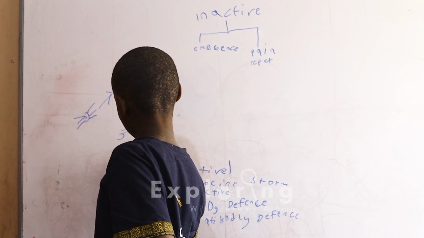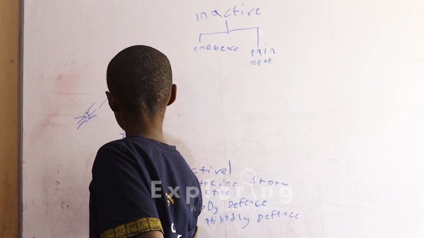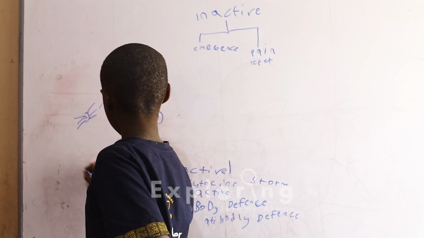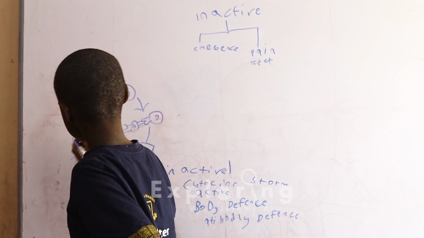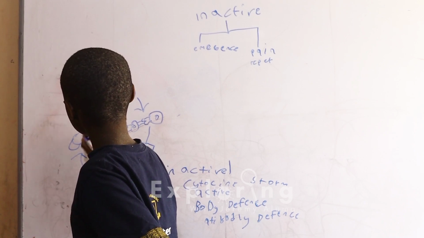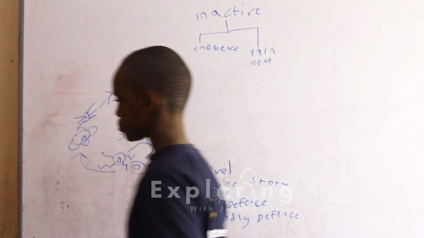The activated cell will kill or produce. And then after a normal infection, we have memory cells. Memory cells will be created.